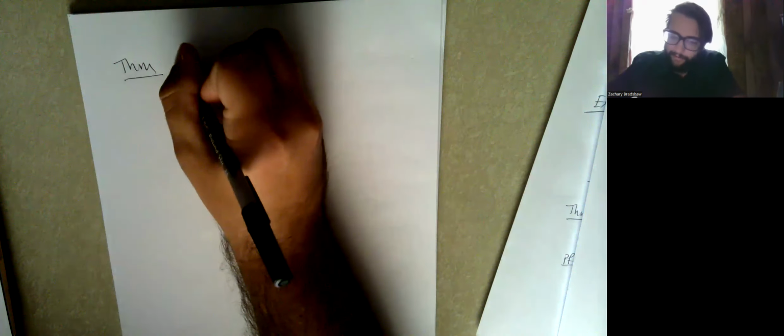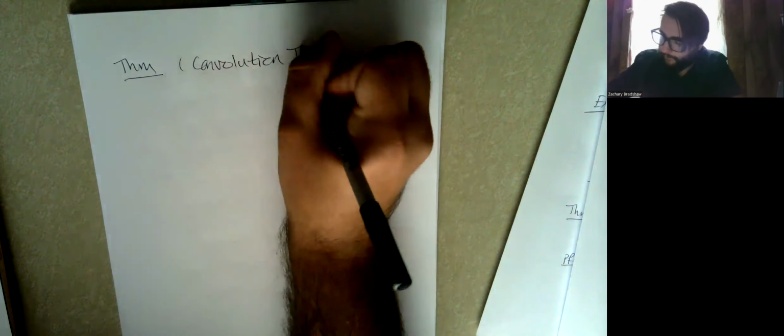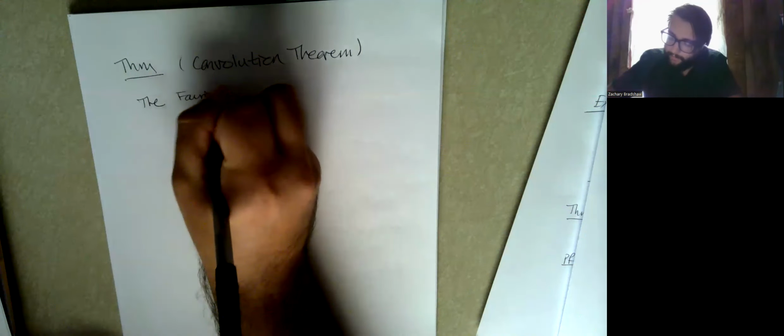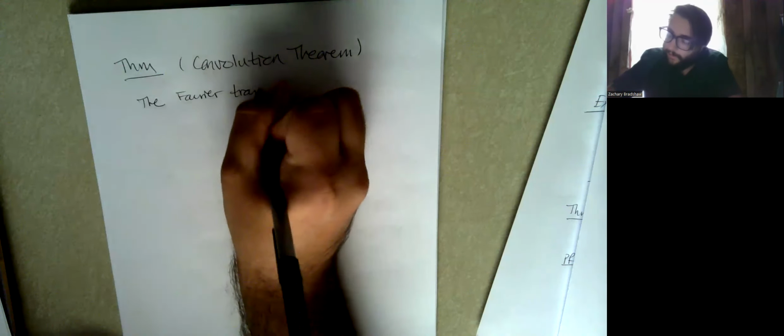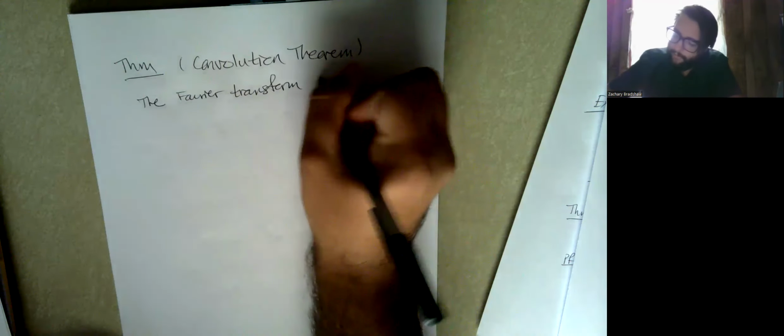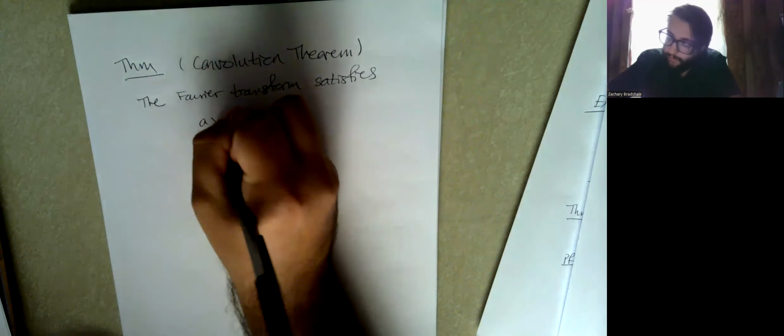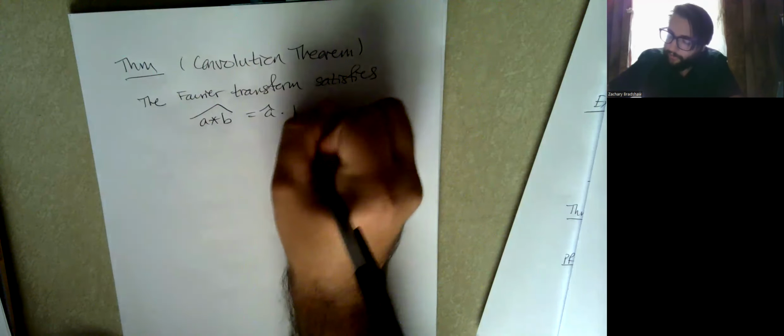So we know this as the convolution theorem. The Fourier transform satisfies: the Fourier transform of the convolution is the product of the Fourier transforms, pointwise.